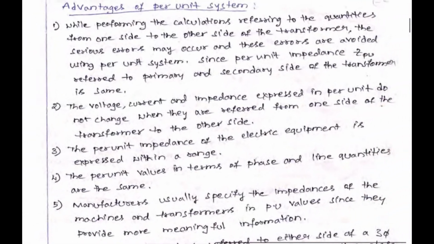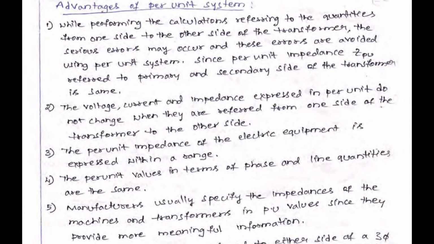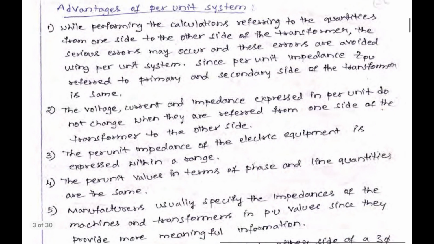Advantages of per unit system. While performing the calculations referring to the quantities from one side to another side of the transformer, serious errors may occur, and these errors are avoided using the per unit system, since the per unit impedance Z per unit referred to the primary and secondary side of the transformer is same.